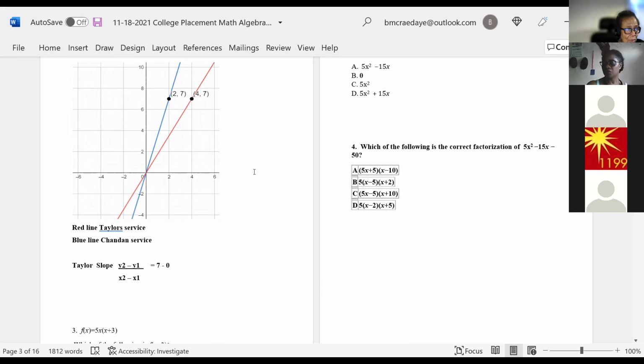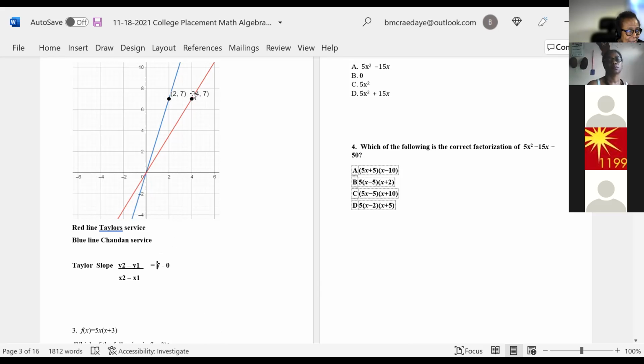Remember, I'm looking at Taylor service, this red line. This is 1 point right here. The second point is right here at the origin. So at the origin, X is 0 and Y is 0. So my Y1 is 0, my Y2 is 7.